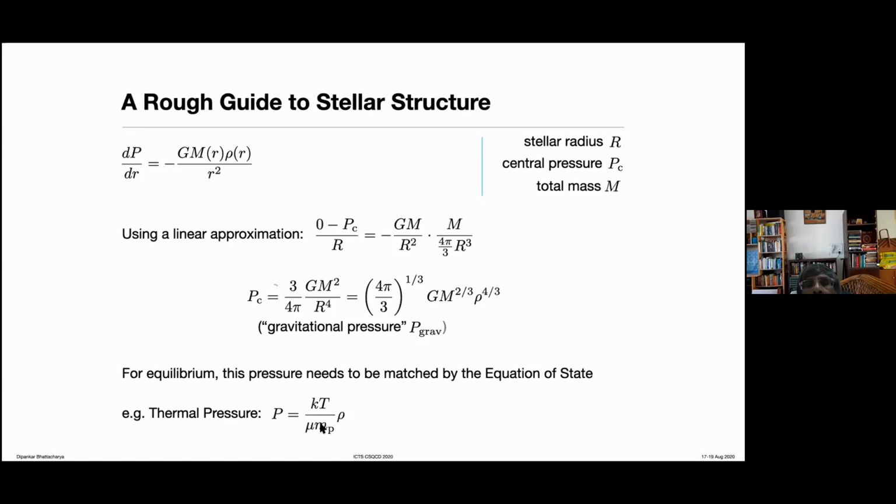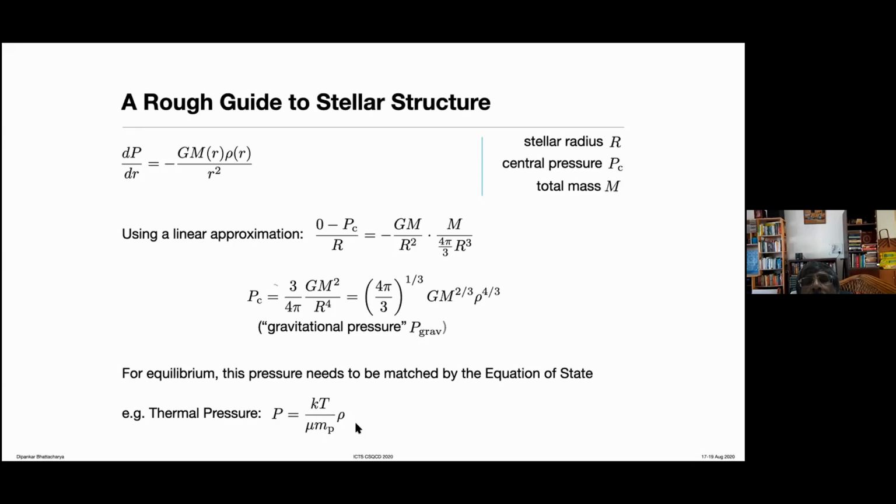So if it is pure hydrogen and if it is neutral, then this would just be m_p over here. But suppose it is pure hydrogen but fully ionized, then you have 2 particles per atomic mass. So then mu will be half.